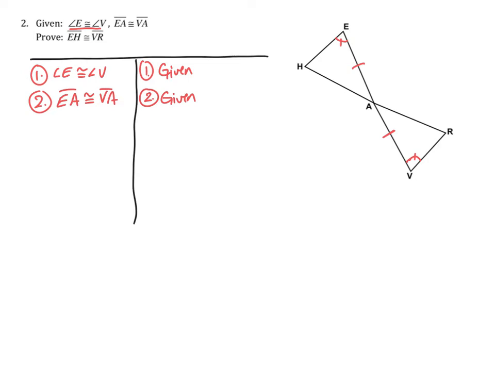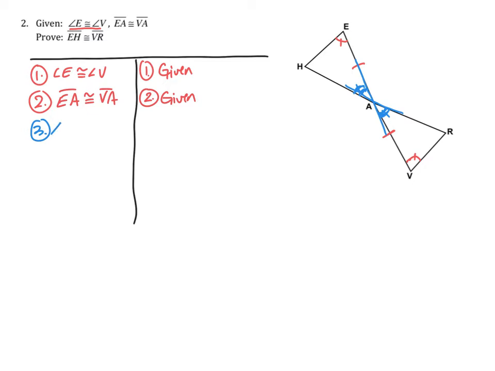Now I got to look in my picture and try to see something that's nice and helpful. And I do have something very convenient right around point A, is that I have a segment like that and like that. So I have angles that are congruent like that.